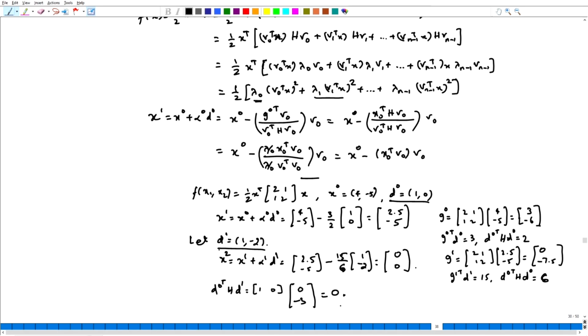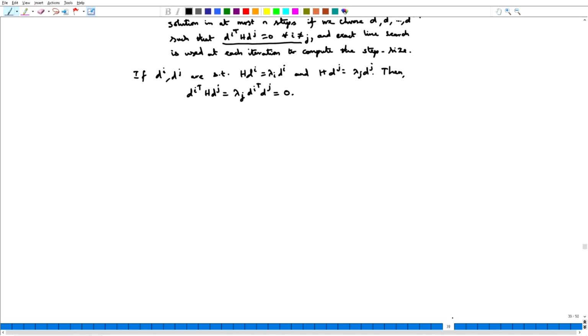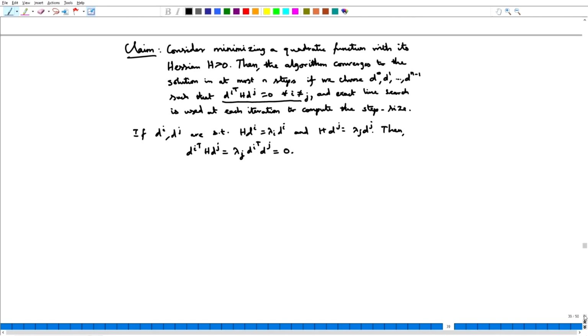That is the reason why in 2 steps I converged to the solution. So we have given some examples as to why choosing di transpose H dj equal to 0 for all i not equal to j and using exact line search gives you the answer.